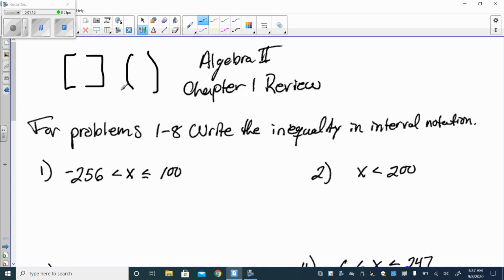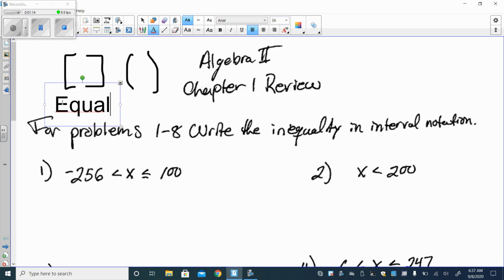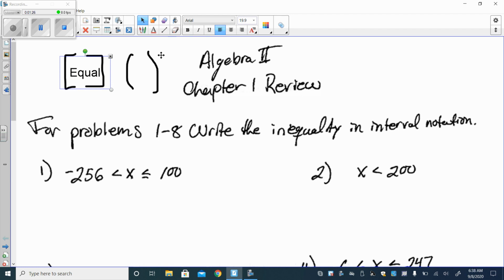Now the set of brackets means equal on both sides. So when we talk about something being equal on both sides, we use brackets.